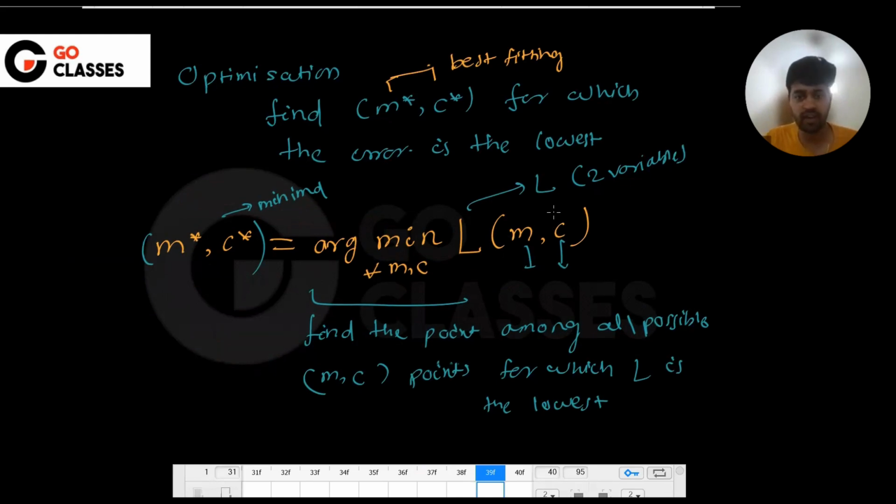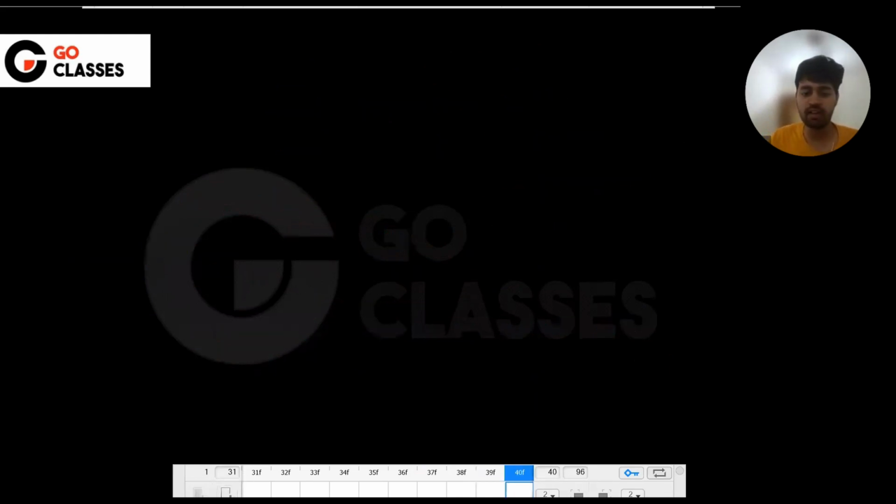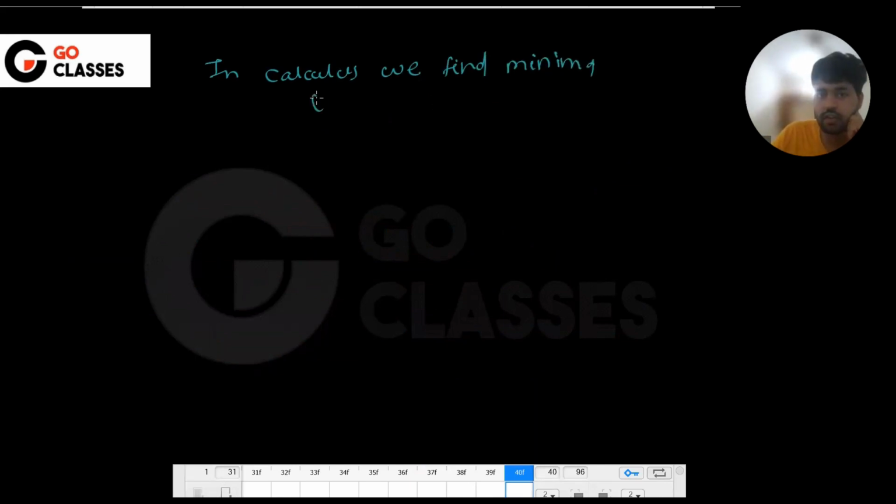Now, how do we find minima in calculus? We find minima using derivatives which are equal to 0, right?